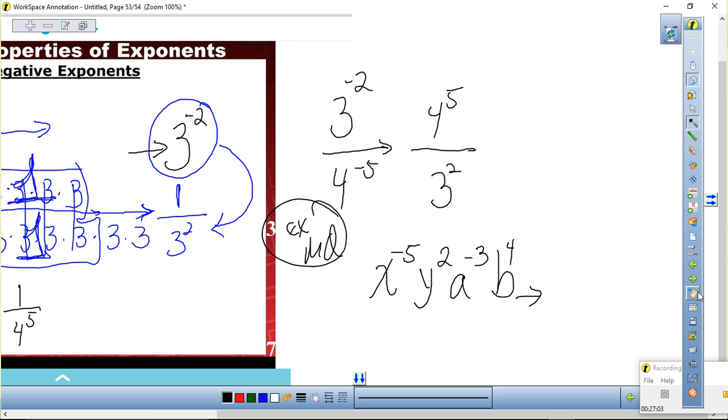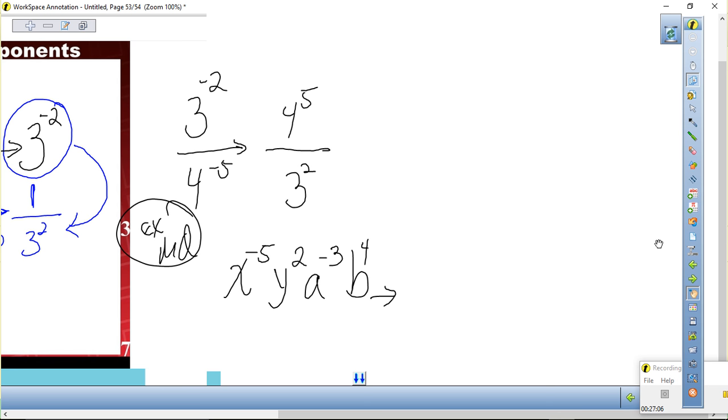Rewrite that, please, without any exponents that are negative. Okay, volunteer. If we get it right, we're done. If not, we go more examples.